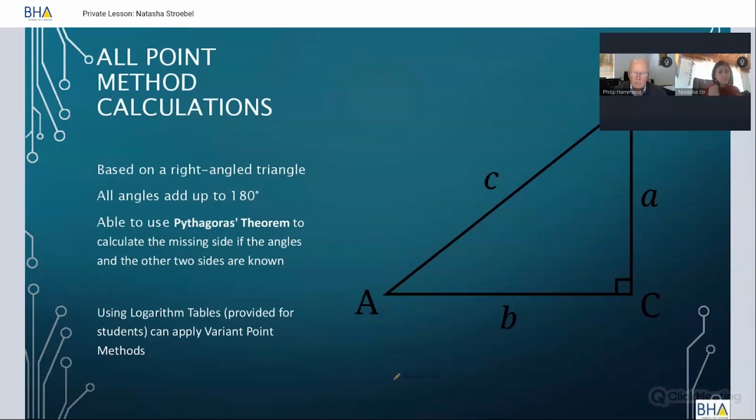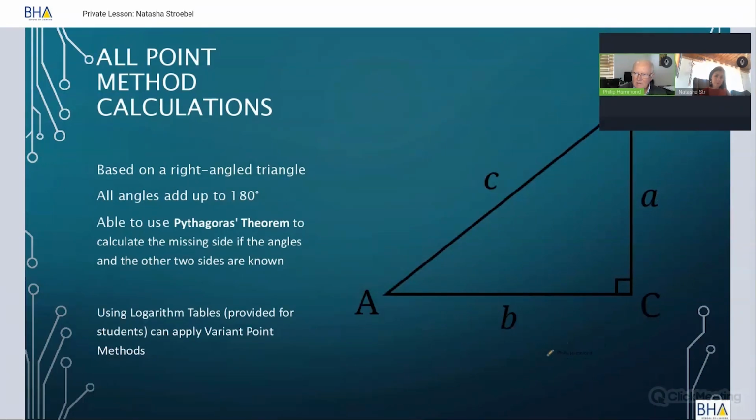The next thing, because we're using the point method, we also have to know something about the hypotenuse. It's the Pythagoras theorem. In Pythagoras' theorem, c squared is equal to a squared plus b squared.